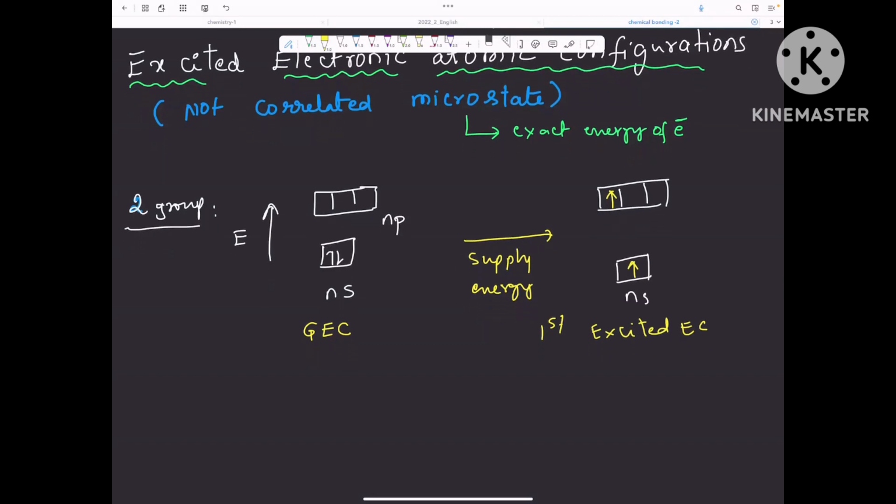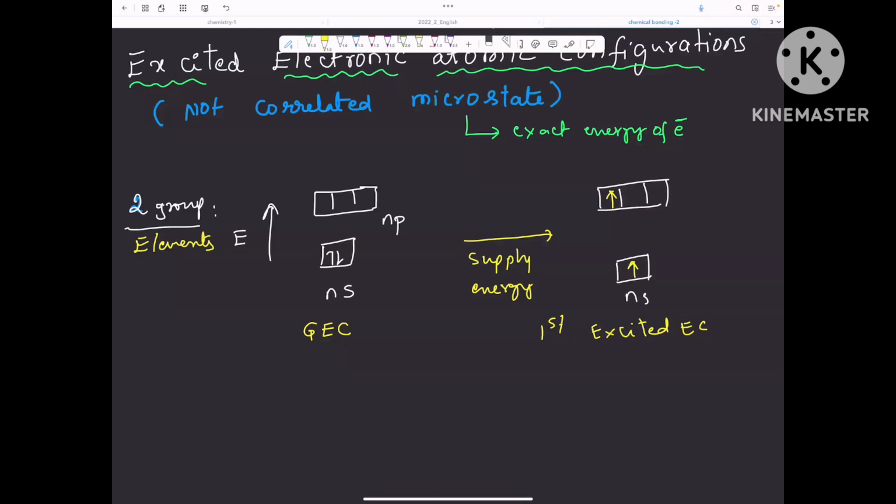So in second group elements, in ground state, they have only 2 electrons. They do not form any covalent bond because to form a normal covalent bond, they require unpaired electrons.